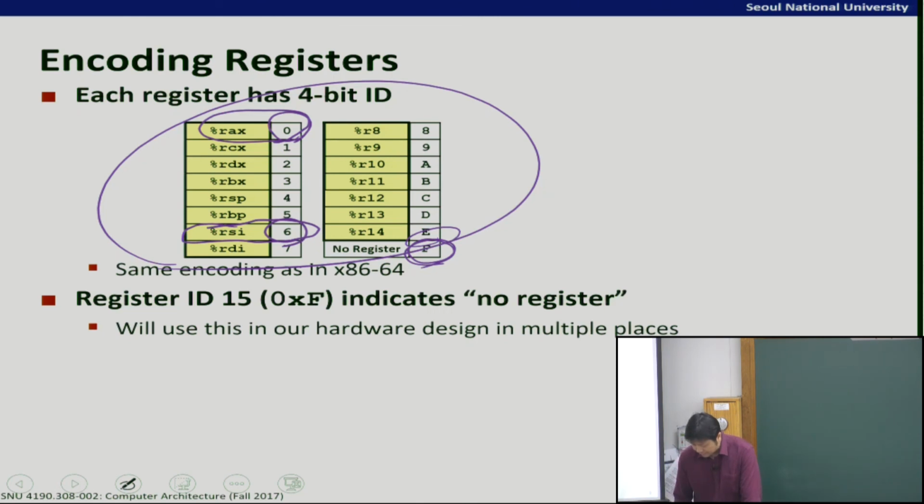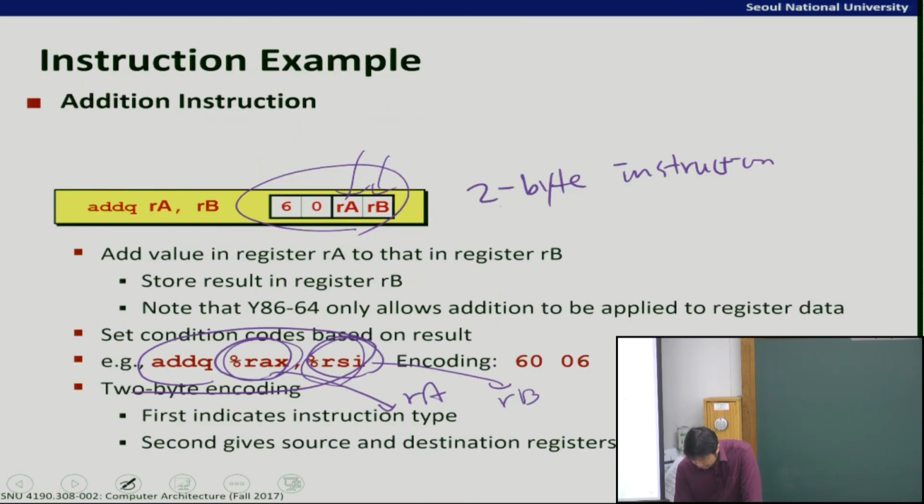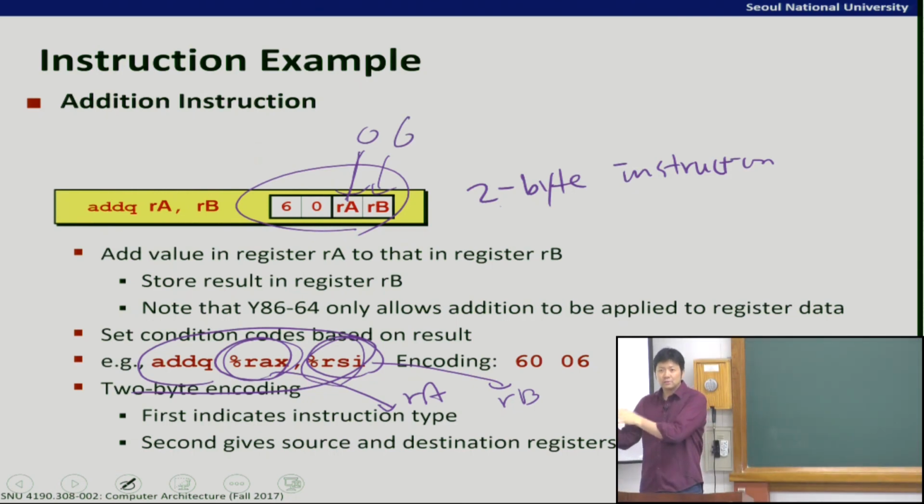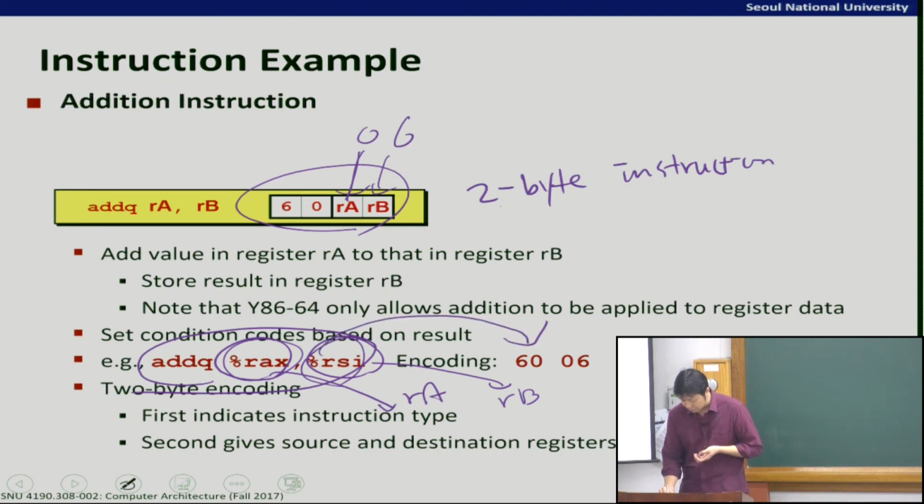So we place these two values, 0 and 6, here. Then that means 6006 in machine code translates to addq RAX RSI. This one is translated to machine code, and this machine code can be translated to assembly like this. They are the same thing.